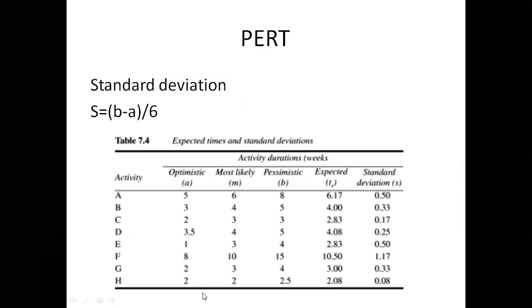This is the formula for standard deviation: S equals (B minus A) divided by 6. Using the above table, we have to substitute the B values and A values here. B is optimistic.